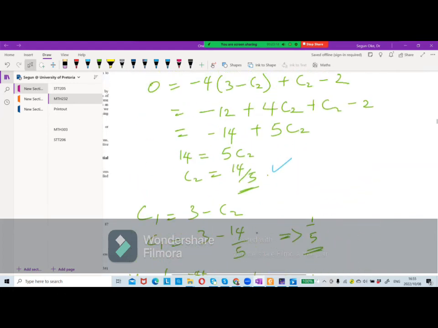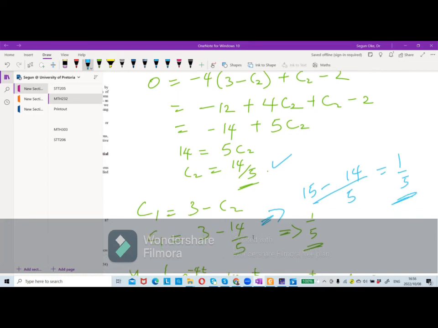Then we can now substitute our 14/5 in order to get our C1. When you do that very well, it's very simple. Multiply both sides by 5, so we have 15 minus 14, all divided by 5, which is equal to 1/5. So that's where we have 1/5.